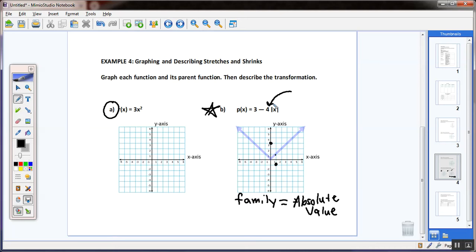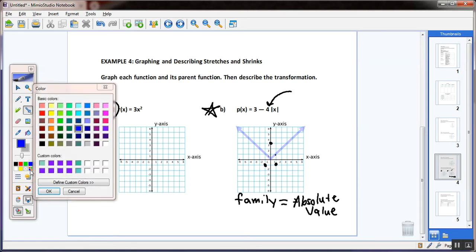Okay. So is this going to be a V shape or an upside down V shape? Upside down V. So once we know one point over here, we kind of know the other one, which is going to be right here. Once you have basically 3 points, you're just going to draw your new V, all right? And here's what it's going to look like.